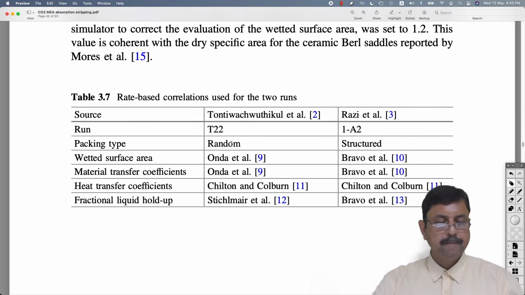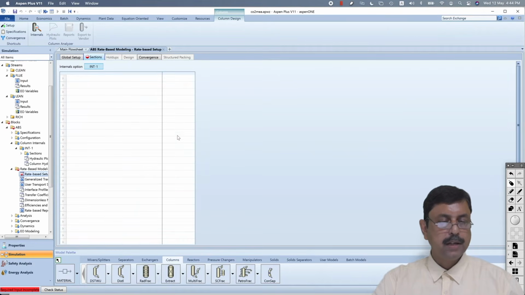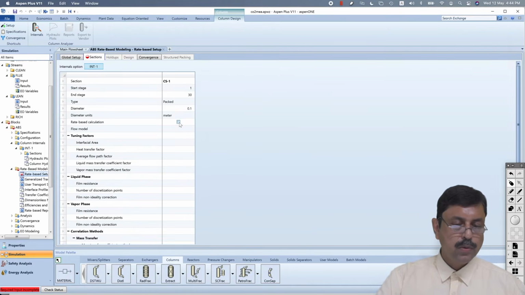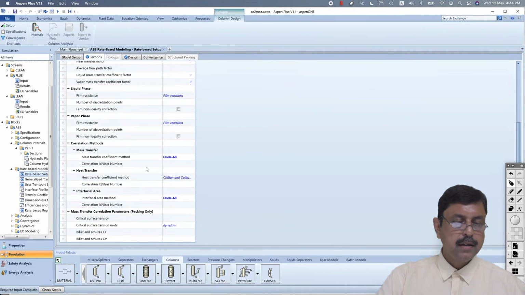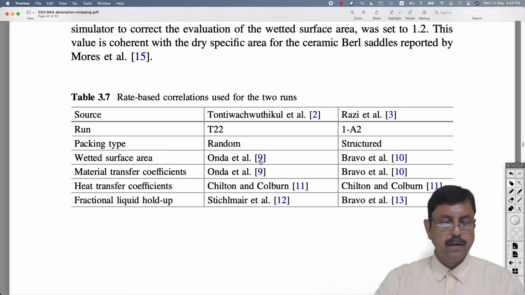And they said that the mass transfer coefficient has to be calculated from this particular paper, Onda et al., and heat transfer coefficient from Chilton and Colburn analogy. Now, if you go to this section, first of all, you have to click this rate-based calculation. Once it is done, this is open for you, mass transfer coefficient method. Okay, there are various methods available. Now, they have asked you to choose Onda et al.